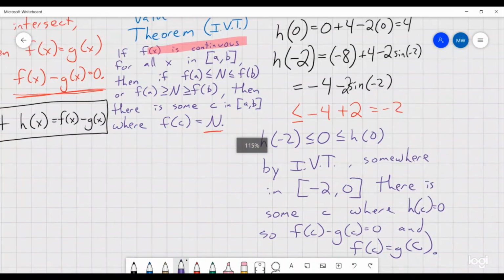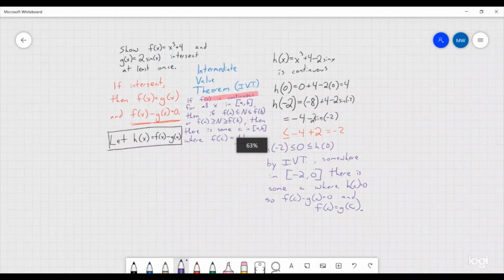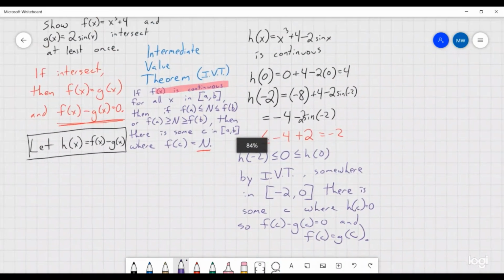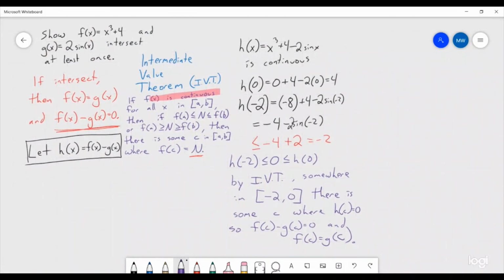That is how we would be able to use the Intermediate Value Theorem to help us solve this problem.